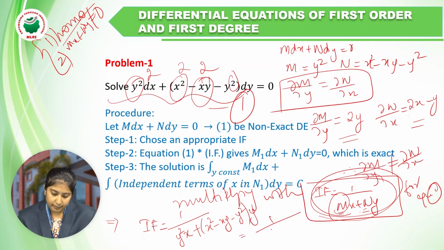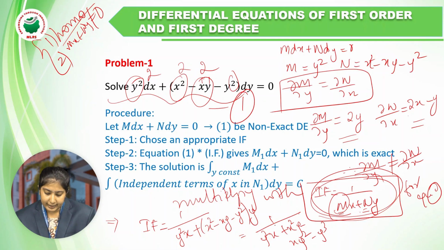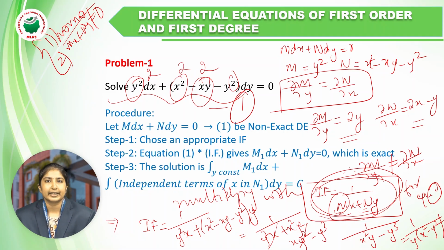So what am I getting? 1 by y square x plus x square y minus xy square minus y cube, plus x square y, plus y square x minus xy square. Can I cancel these both? The terms are a little bit reversed. So what I am getting is 1 by x square y minus y cube. I think I can take y common from here. So what I am getting is 1 by y into x square minus y square. So this is my integrating factor.